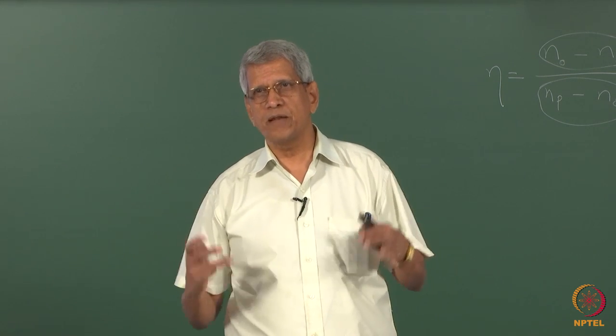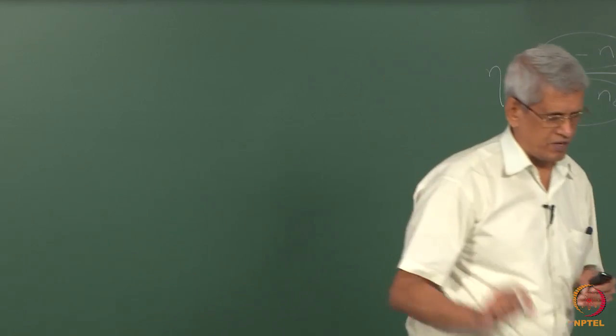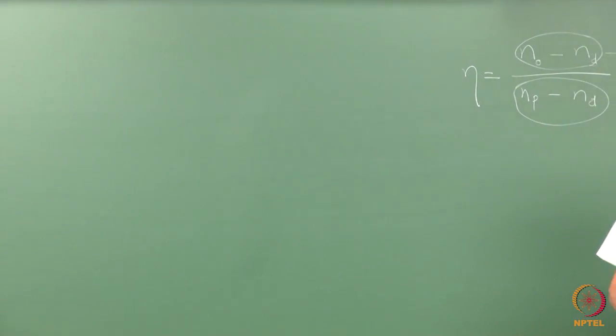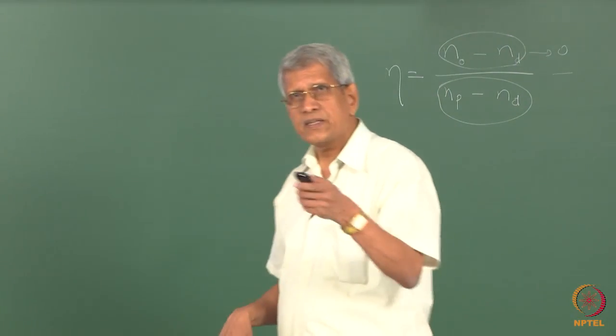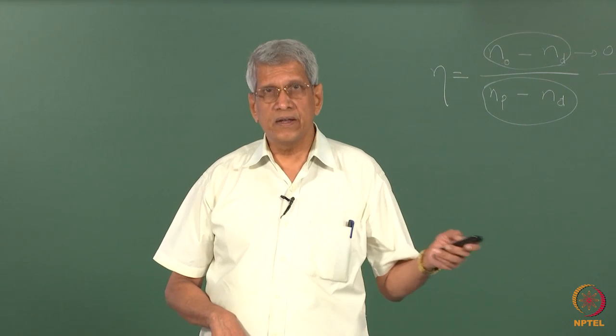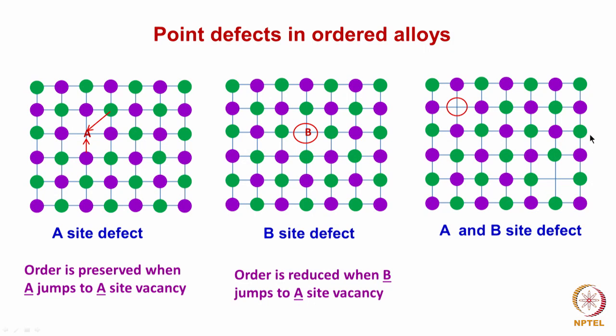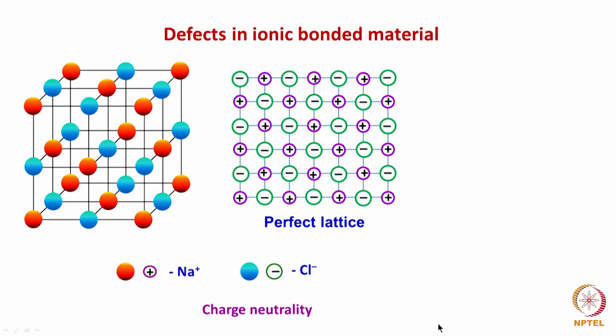In a disordered material we do not see this type of defect, the anti-site defect. This is just an example where we can have an A type of defect as well as a B type of defect. Both are possible in the lattice.